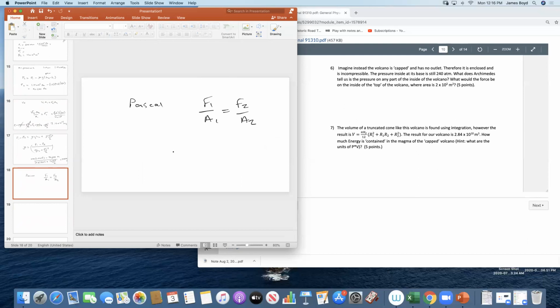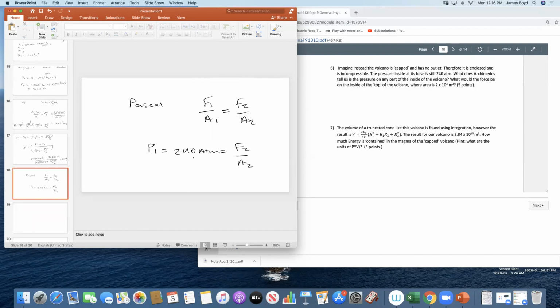So we know that pressure is equal to F over A. So P1 is 240 atmospheres, and that's equal to F2 over A2.